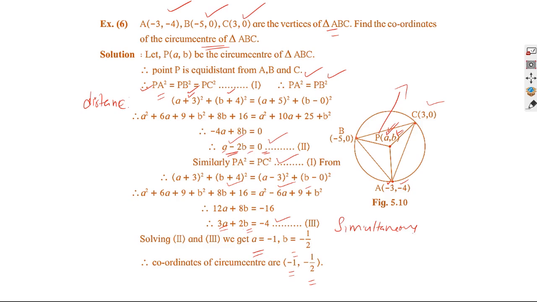Be very sure and clear about how the formula is used in different situations, and be confident that the formula gives you the correct answer, because we found in 2-3 cases very clearly that what we expected became the answer. One case was of collinear points, another was about vertices of a square, and this is about the circumcenter. Questions are different but the application is the same.